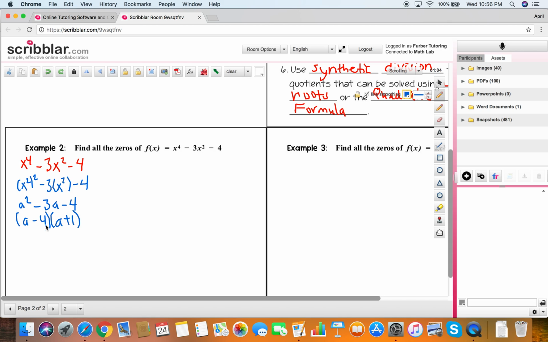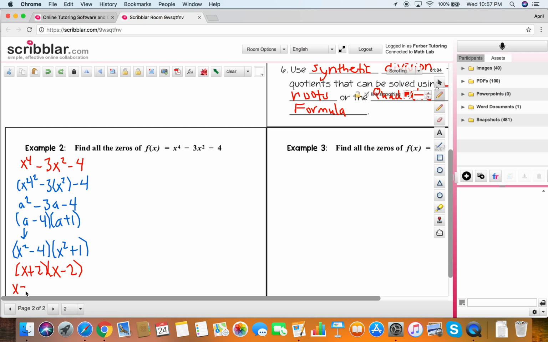Now the problem is that in both of these examples, I do have to turn this back into x squared. It's going to be easiest for you to use the square root method, although you might recognize that this one is a difference of 2 squares. If you recognize that, you can change it right now into its 2 factors, which would be x plus 2 and x minus 2. But it has to be a minus, it can't be a plus.